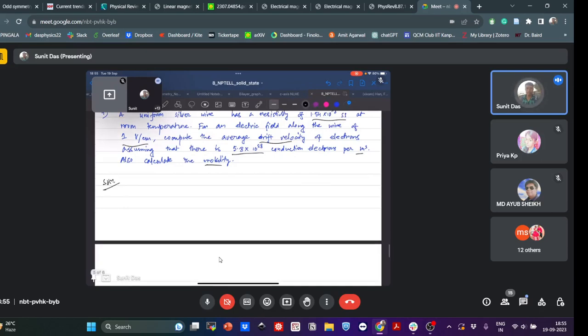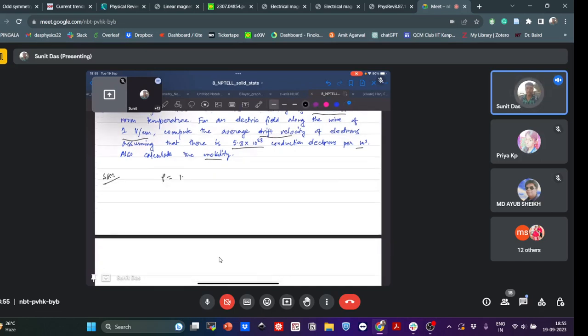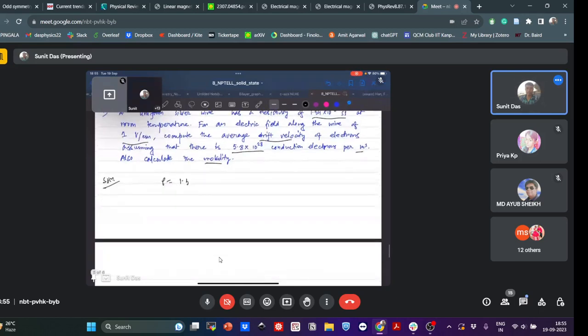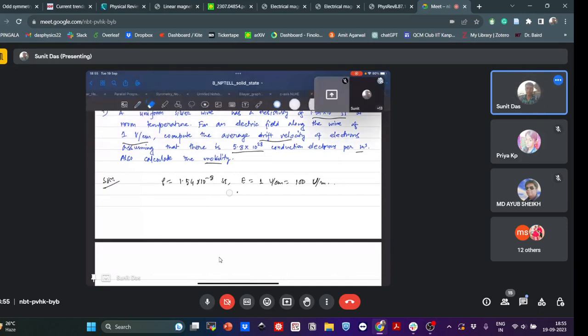So we have given rho, resistivity, equal to 1.54 into 10 to the power minus 8 SI unit. Then there is the electric field, which will be 100 volt per meter, and also the concentration is given.